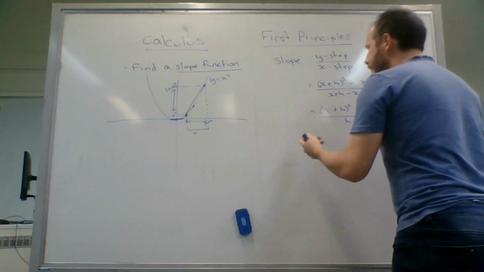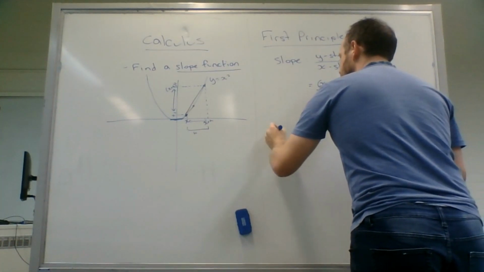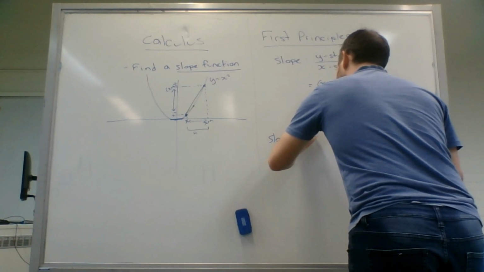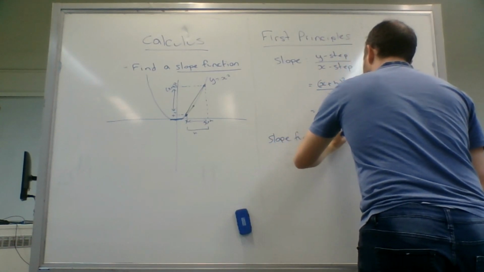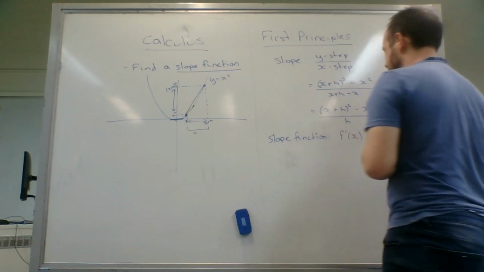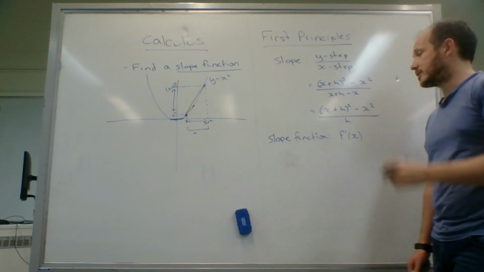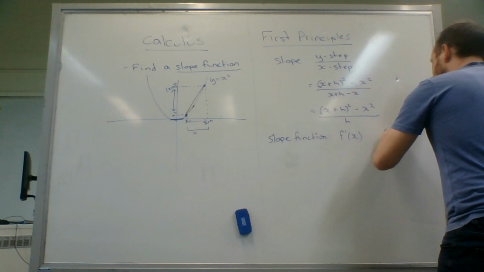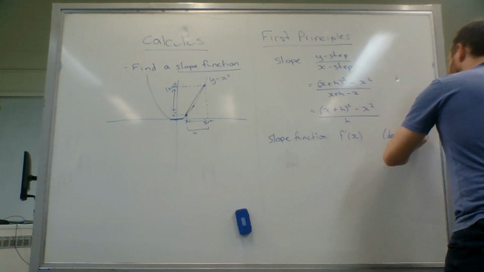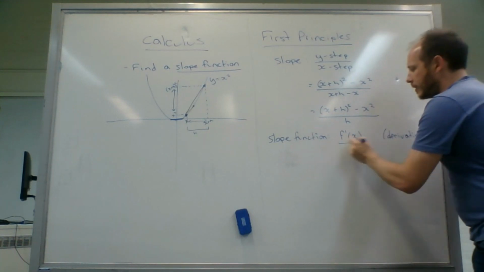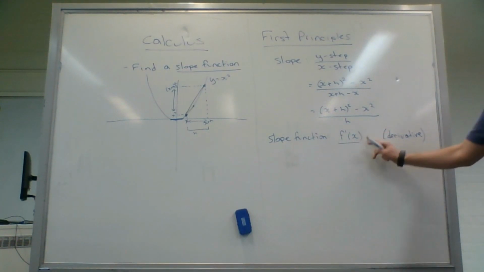So we're going to say that the derivative or the slope function, let's call it f dash x, is our derivative function or our slope function, sometimes called the derivative.